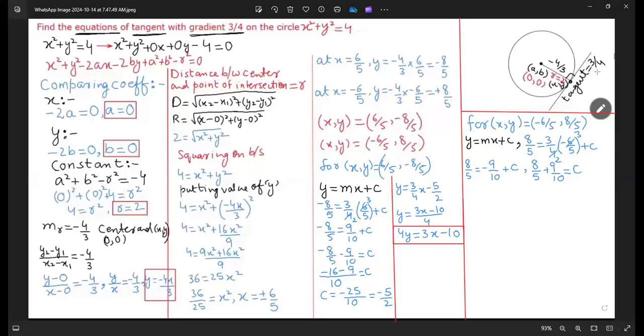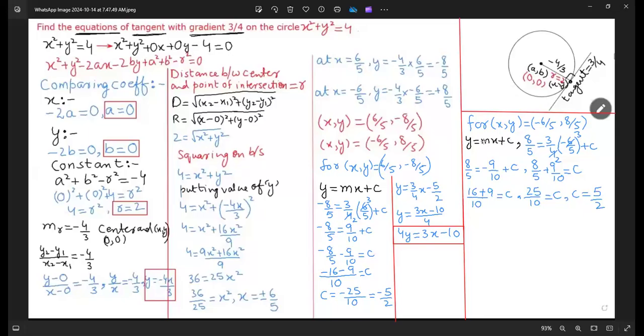So taking LCM will be 10, 16 plus 9 equals to c, which will become 25 over 10 equals to c, and c equals to 5 over 2. Okay, this time the value of c is coming 5 over 2.